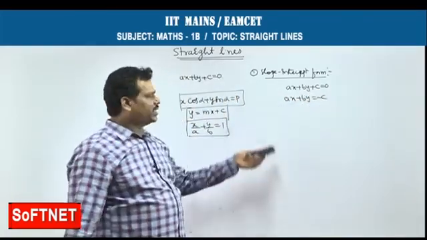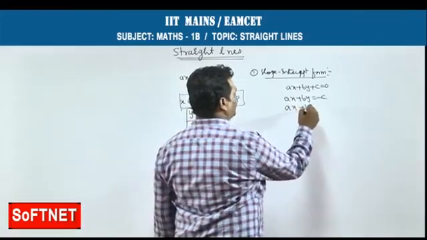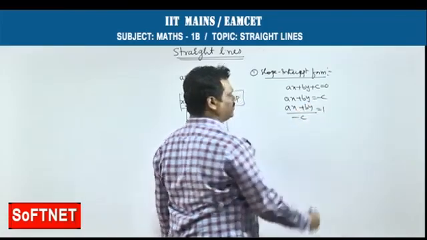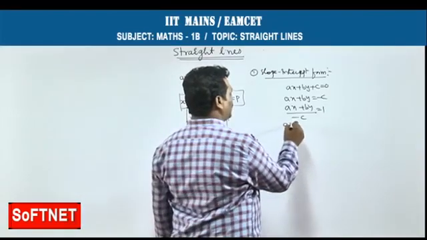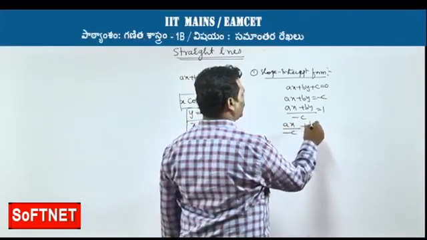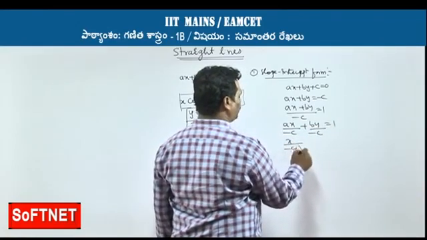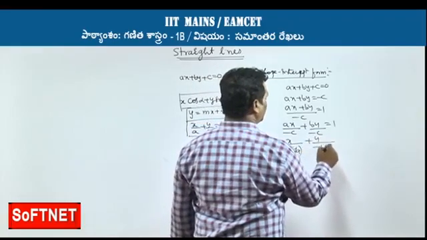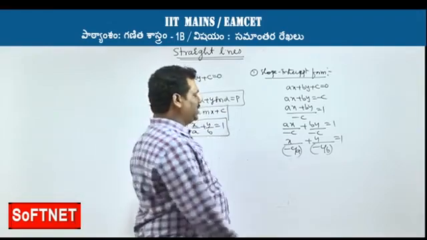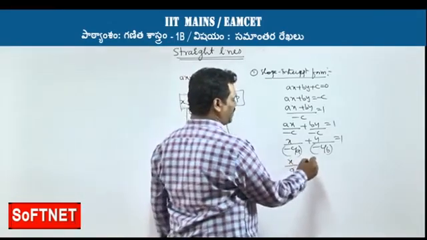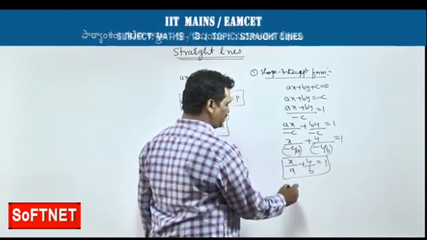Dividing by minus c, ax plus by by minus c equal to 1. It is ax by minus c plus by by minus c equal to 1, that is x by minus c by a plus y by minus c by b equal to 1. This is in the form of x by a plus y by b, the intercept form of a straight line. What is your x-intercept?